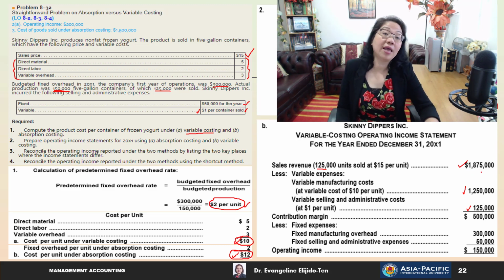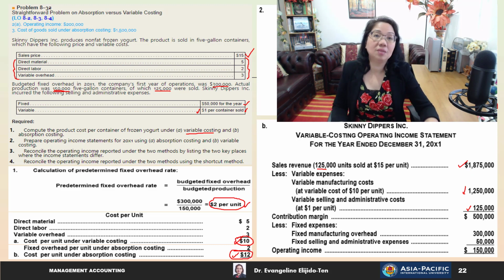Sales of 1,875,000 minus the variable manufacturing cost of 1,250,000 and the variable selling and admin cost of 125,000 will give us a contribution margin of $500,000. Then we'll deduct all the fixed expenses.